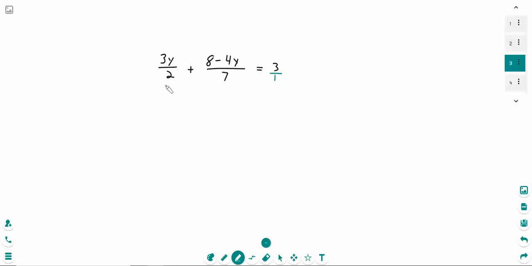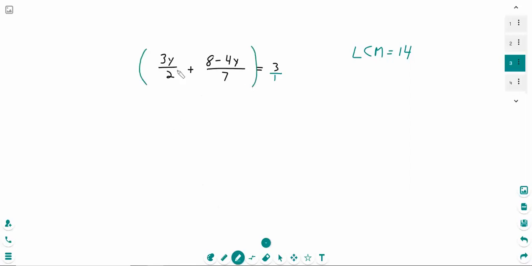All right, so what's the lowest common multiple between a 2, a 7, and a 1? Well, the 1 we don't really care about because that's a multiple with everything. So really we're looking at the 2 and the 7. And the lowest common multiple, the LCM, is going to be 14, right? So if we use 14, we will multiply both sides by 14.